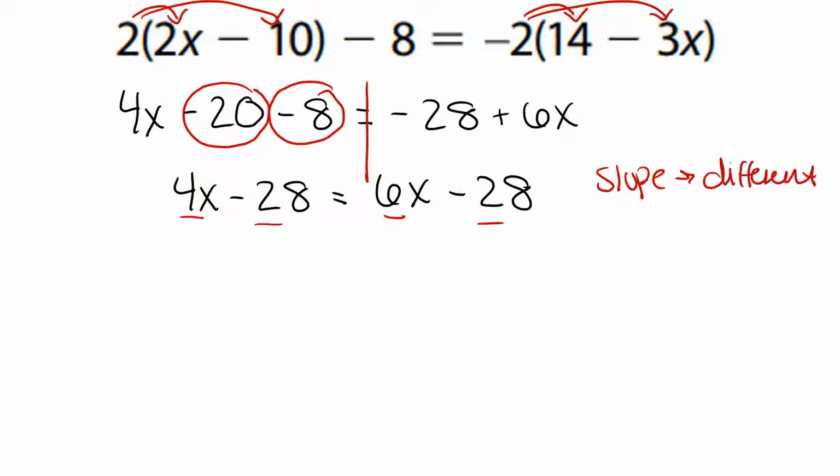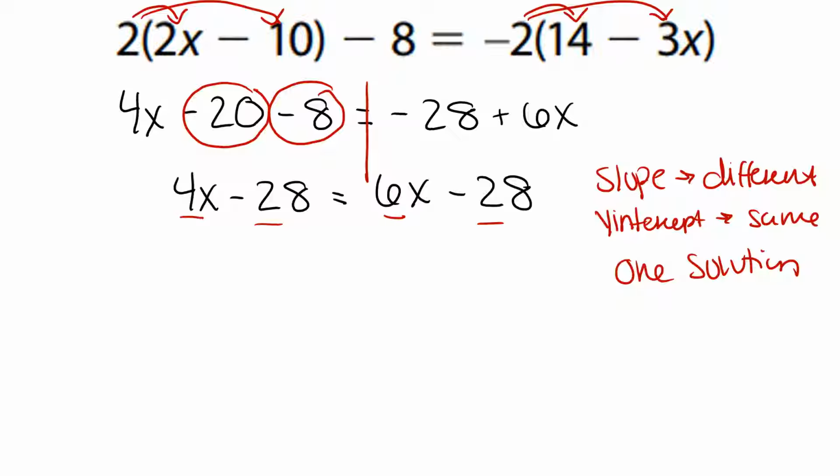The negative 28 and the negative 28, the y-intercept, are the same. Which means this is going to be a one solution problem.